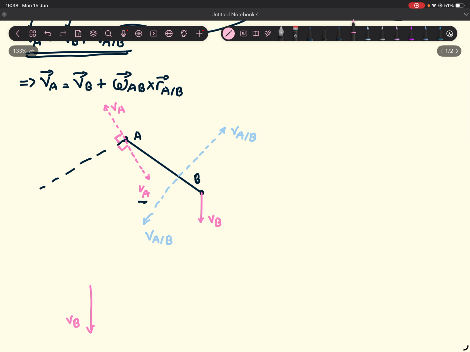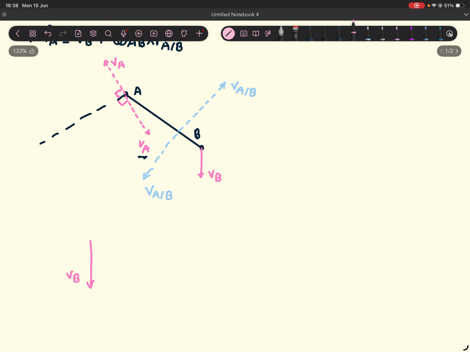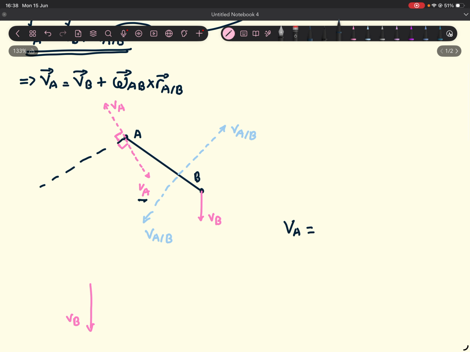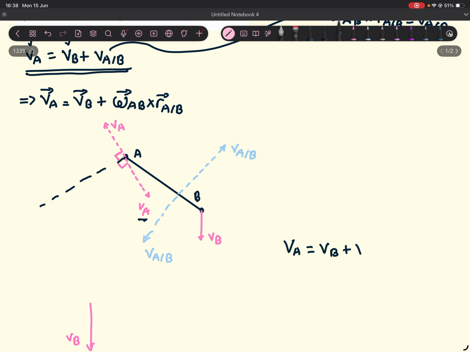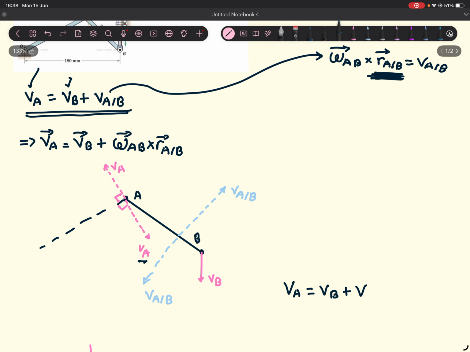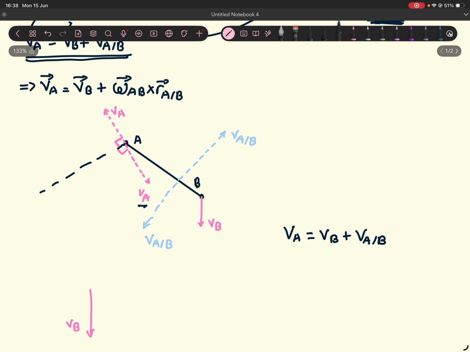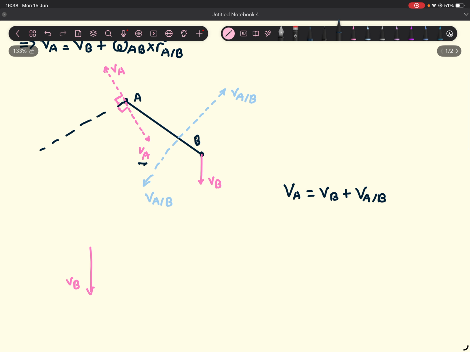is like that, and then this vector equation, I'm just going to write it again. VA is equal to VB plus VA relative to B, right? So what this equation is telling us is that we always read this from left to right.